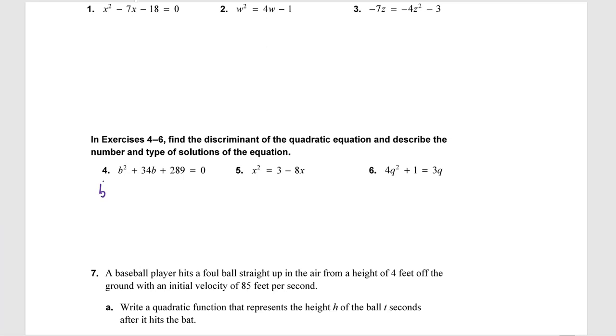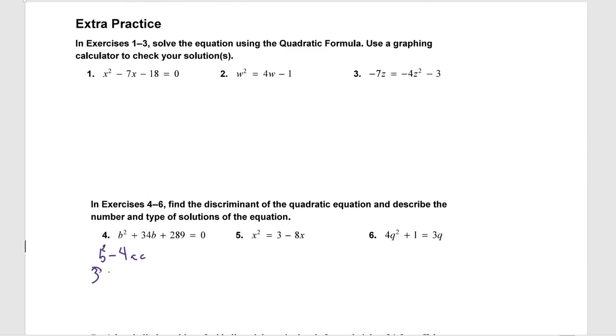So we're calculating b squared minus 4ac. 34 squared minus 4 times 1 times 289.